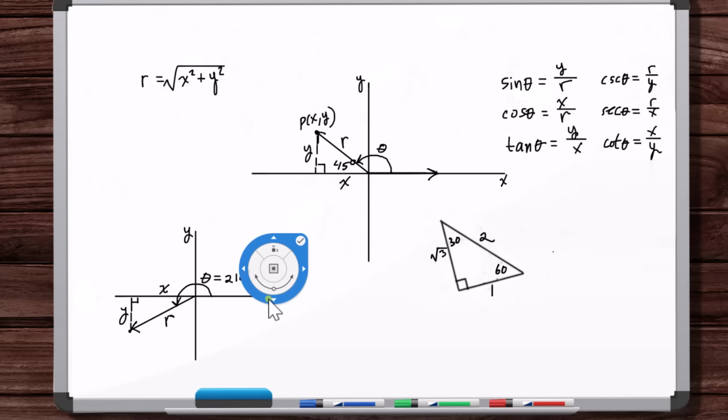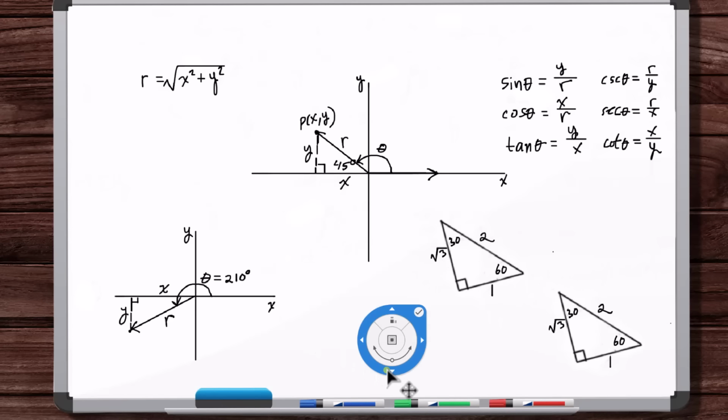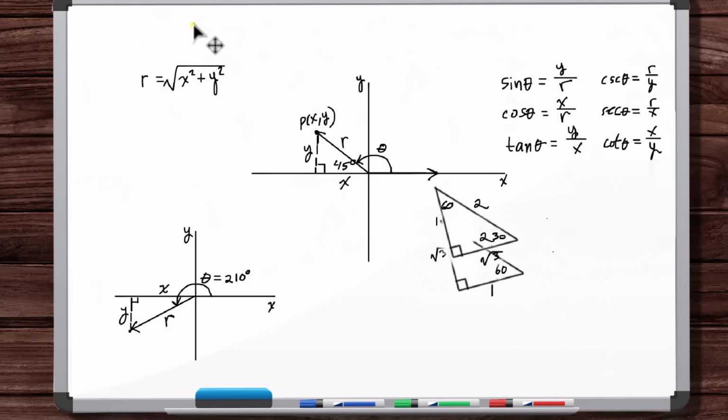But what you can see is that we could switch these angles. When we switch the angles, we want to switch these side lengths, with the hypotenuse staying the same. So now we can use either one of these triangles to put the 30-degree angle into standard position or the 60-degree angle into standard position.